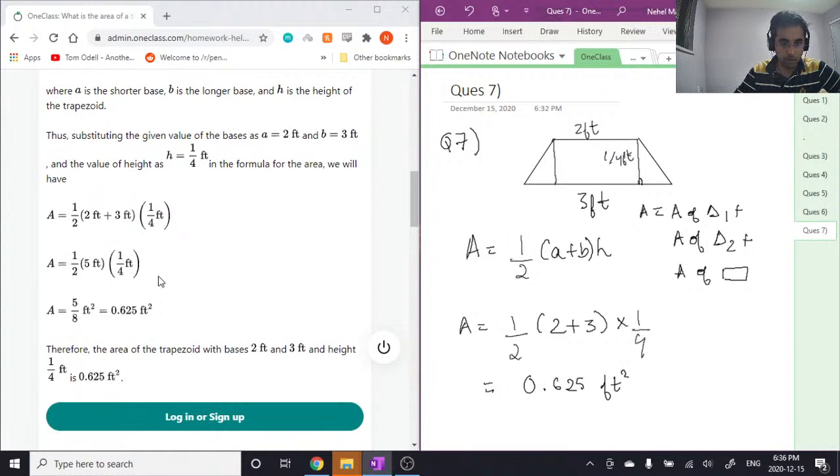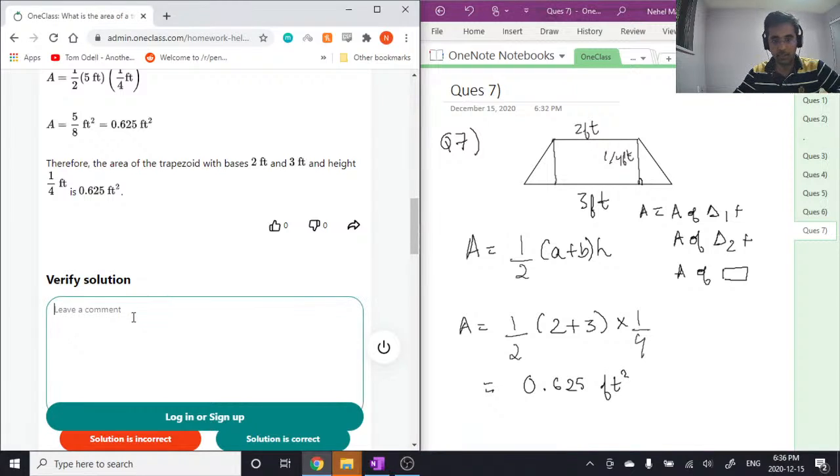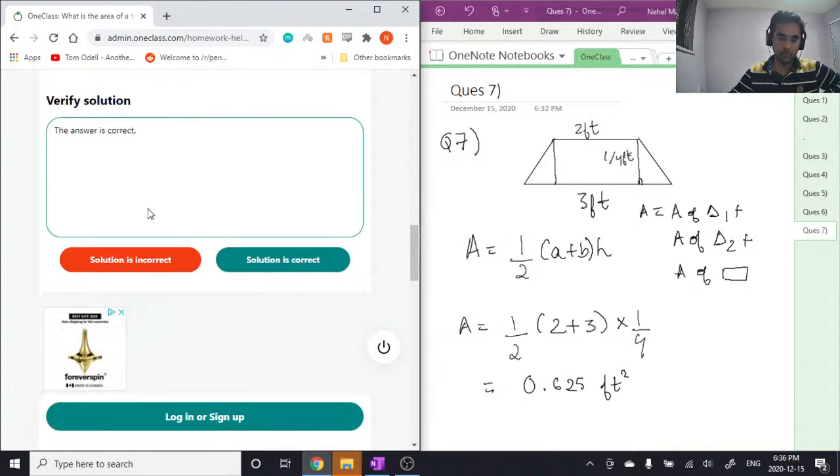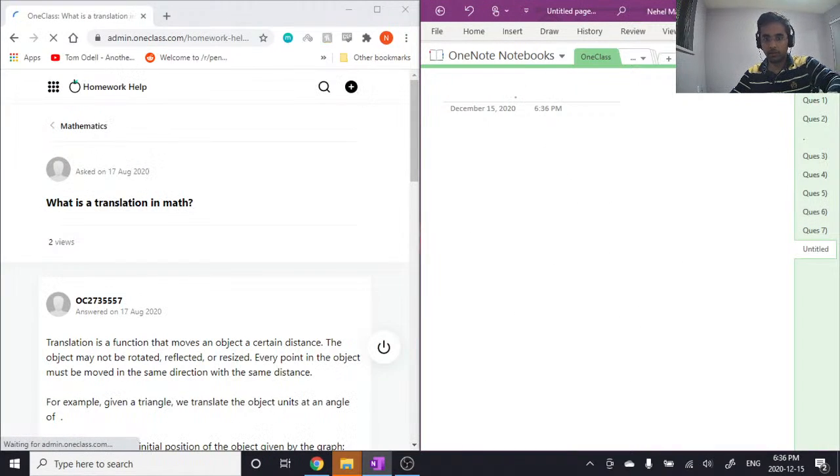So looking at the solution, half (a plus b) times h. That's correct. Perfect. So this answer is correct. All right, let's get to the next question.